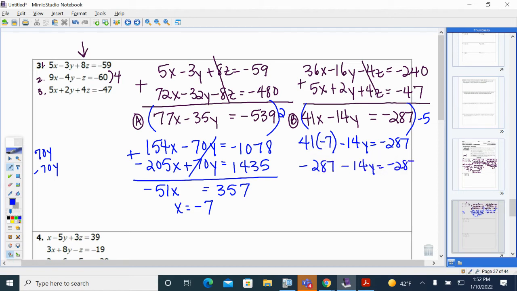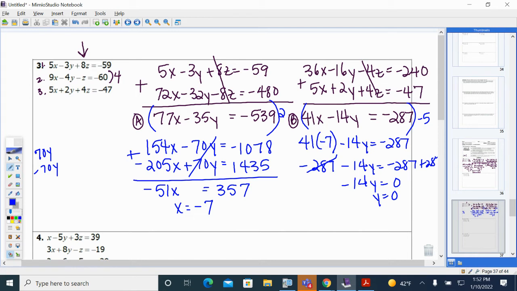Equals negative 287. So now I'm going to add 287. Negative 14y is equal to 0. Divide both sides by negative 14. You get y equals 0. It doesn't go away. The y is still there. You still have a y value. So y equals 0.